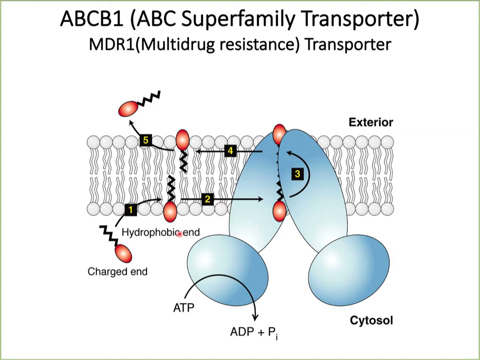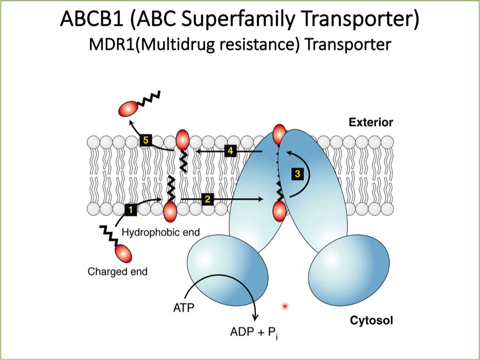So what this transporter does is that it is able to take small substances as shown here and flip them on the biological membrane, or flip them from one leaflet to another, which facilitates the biological release of these small substances out of the cell.